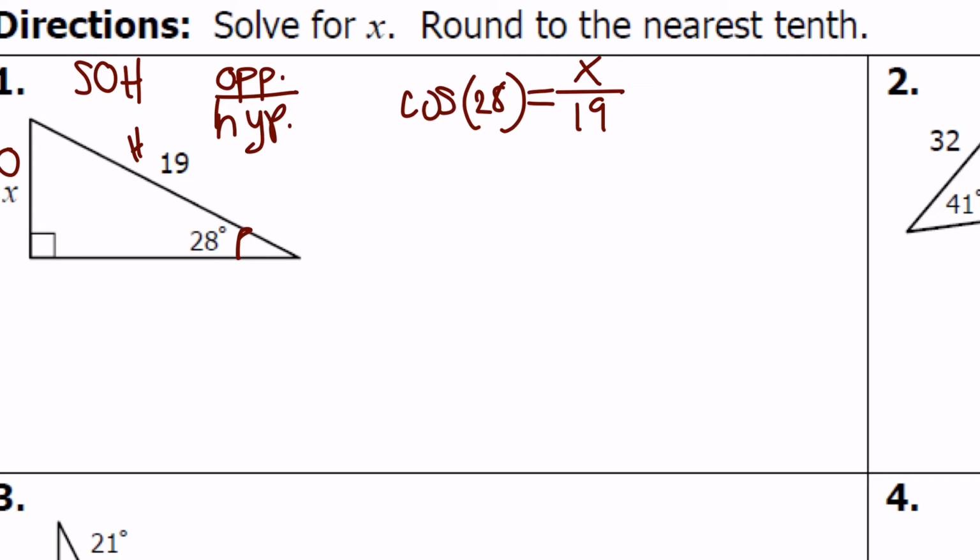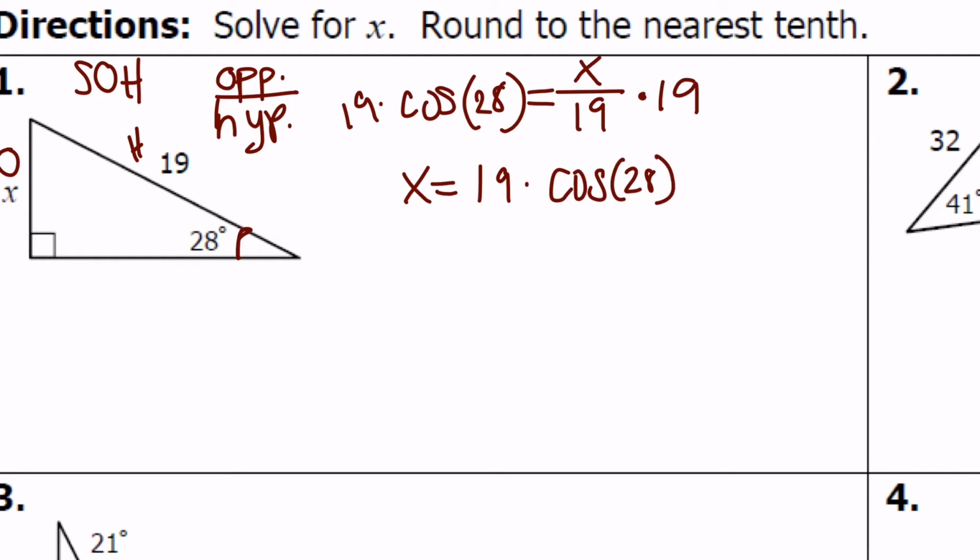I've got to get x all by itself, so I multiply both sides by 19, leaving x equal to 19 times the sine of 28. Sorry, guys, I wrote cosine there by mistake.